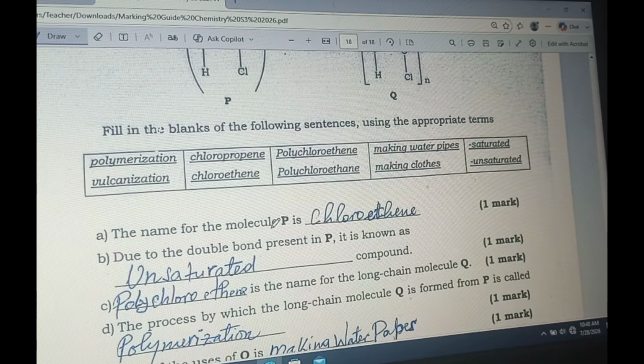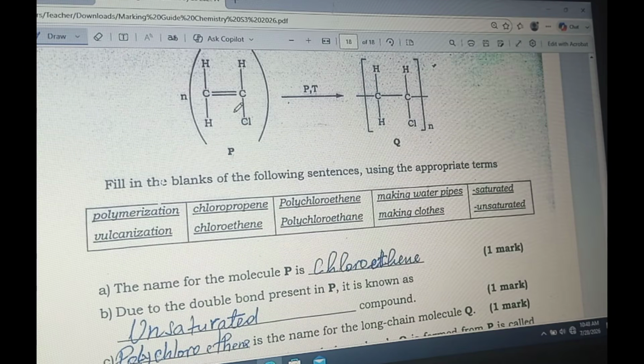Fill the brackets of the following statements using the appropriate terms. A. Molecule P is what we call chloroethene. Ethene means two carbons. This double bond means it has a double bond, and this chlorine, chloroethene. B. Due to the double bond present in P, it is known as an unsaturated compound.